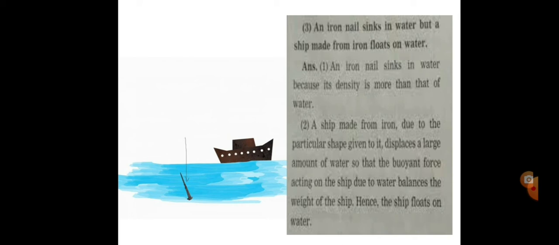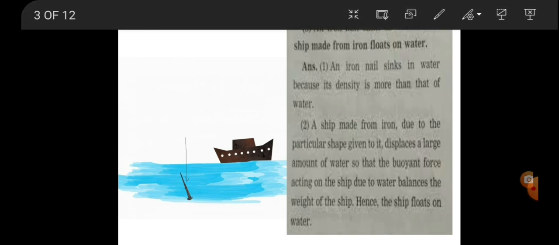A ship is made of iron in a hollow shape. The hollow shape displaces a large amount of water, so the upthrust force acting on the ship due to water balances the weight of the ship. Hence the ship floats on the water. So those are the reasons why the nail sinks and the ship floats on sea water.